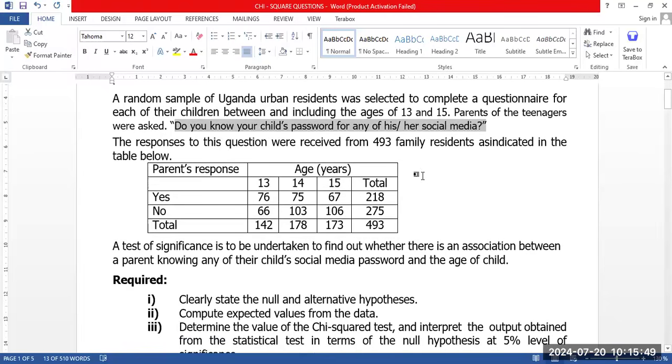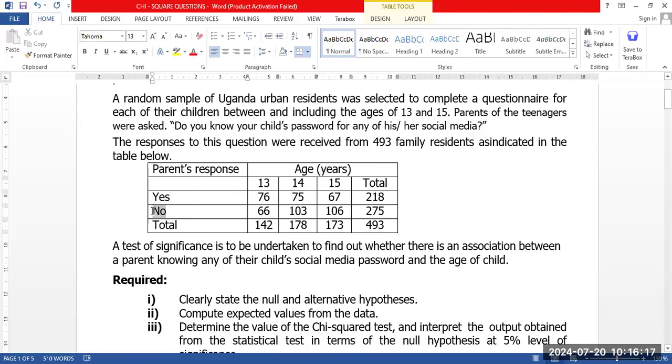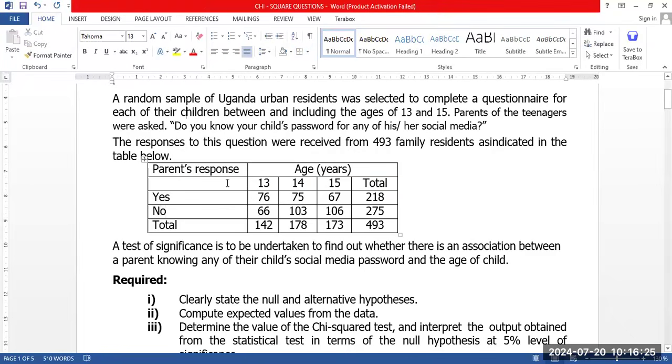That is the question the researcher was trying to find out. The responses to this question were received from 493 family residents, as indicated in the table below. We have parents' responses, those who confirmed that they know the password, where you have yes, and those who confirm that they actually don't know the password of their child's social media platforms.